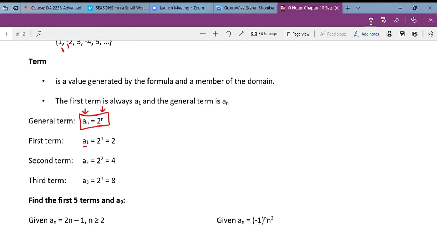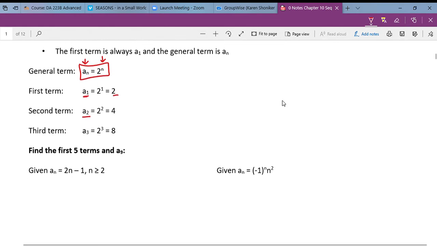So your first term would be 2 to the 1, or 2. Your second term would be 2 to the 2, which is 4, and your third term would be 2 to the 3, which is 8. So you can find any term in a sequence by putting in the corresponding natural number and figuring out what it would be.